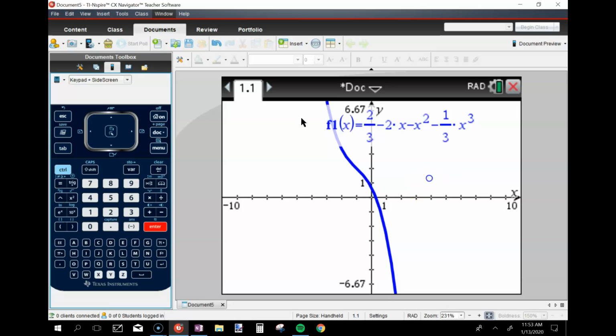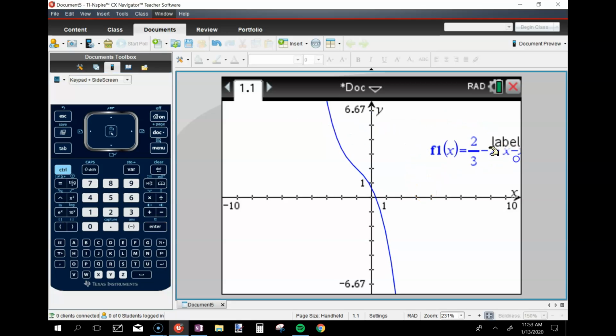And there it is, Brandon. And if you were to zoom out of this thing, you would see that this graph is always doing this, always decreasing, right?